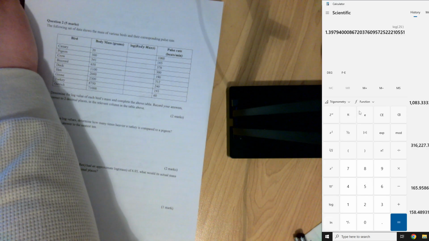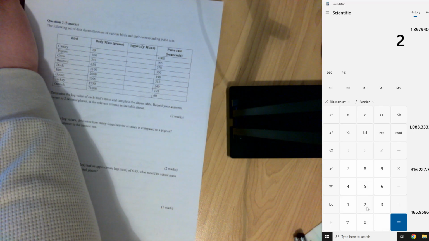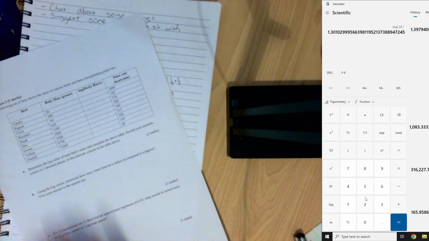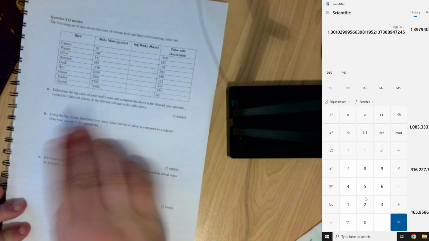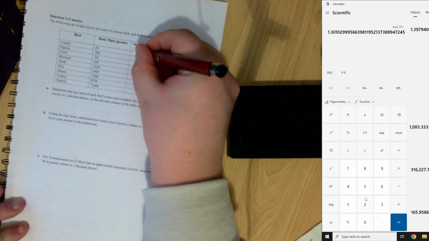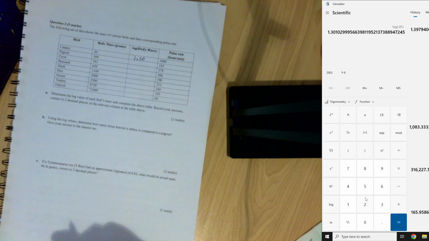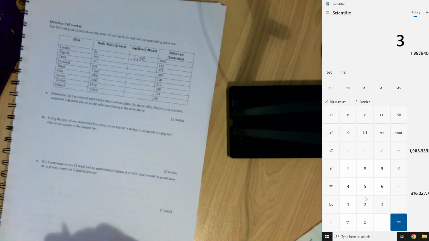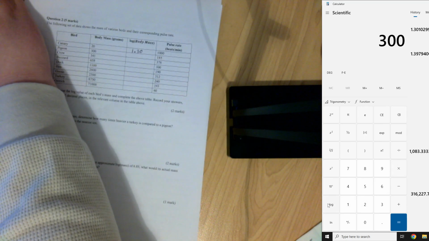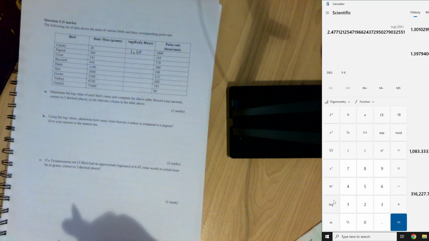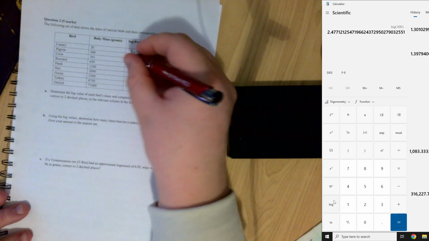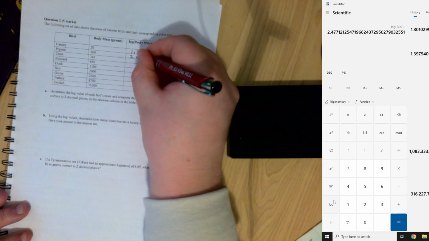I think the first one is log 20, which is 1.30, rounding to 2 decimal places. Alright. Next one is 300, log 2.48.